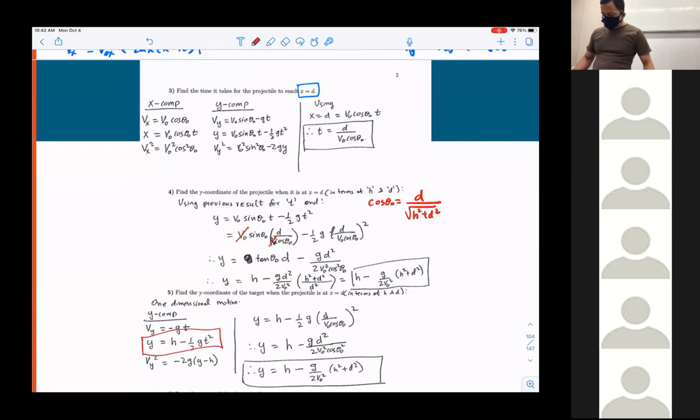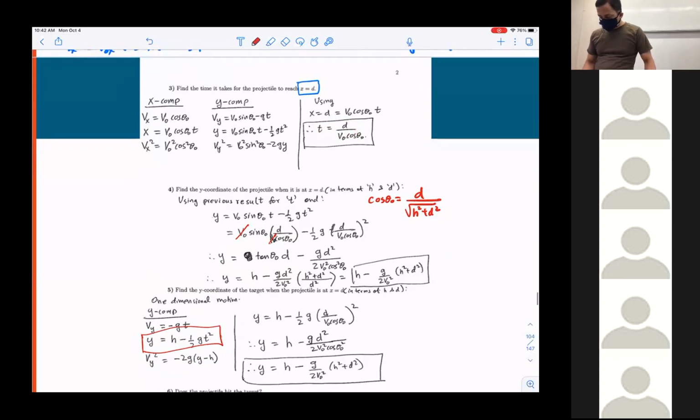And we want to evaluate it at this particular time. So I'm going to go ahead and use this equation here and evaluate it where my time is this same time when the projectile crosses x equaling d, d over v naught cosine theta naught.